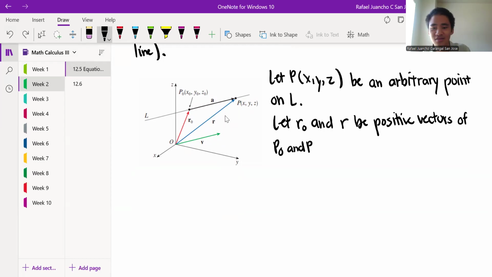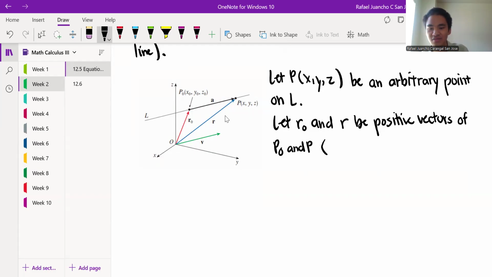So they have representations of the vectors OP naught and OP. I'm saying that r naught is a position vector of P naught.